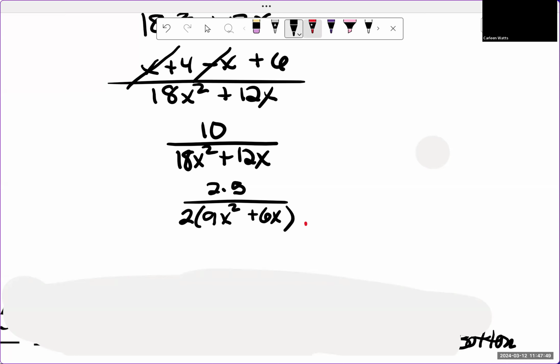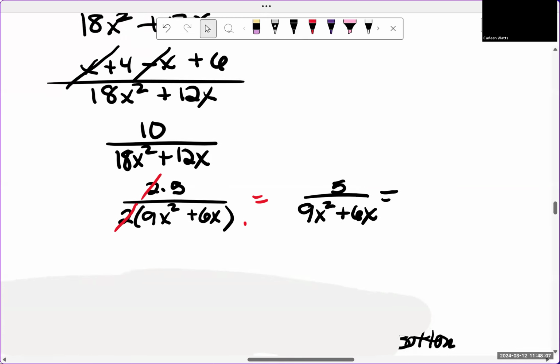Cancel the 2's. And I get 5 over 9x squared plus 6x.